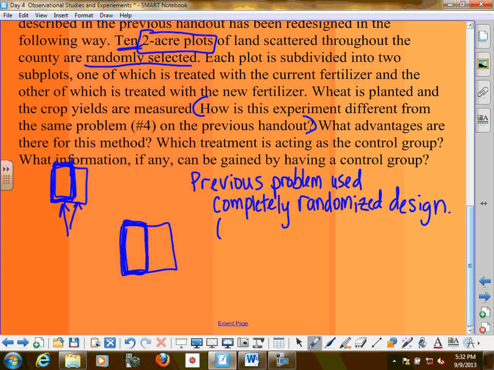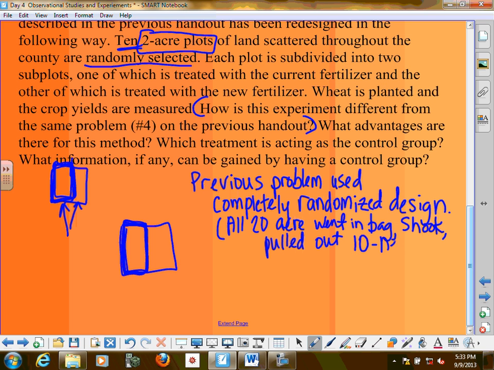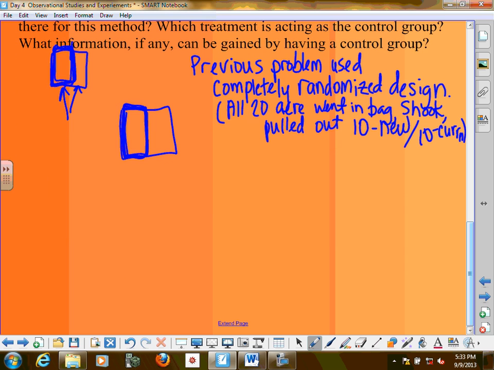And, in parentheses, that's because all 20 acres went in a bag and you shook, and then you just pulled out 10 for the new and 10 for the current. So just by pure randomness, they could have all ended up on the same side of the county.